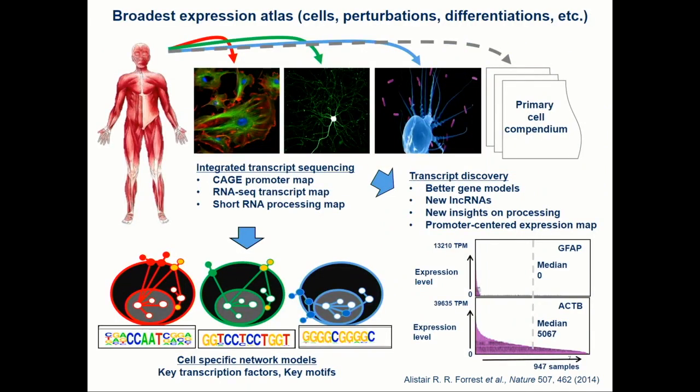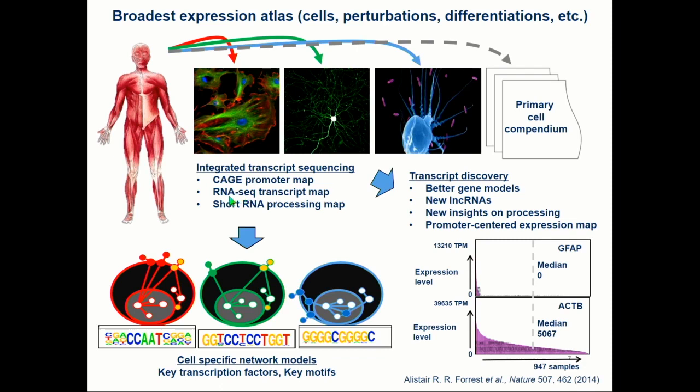So to summarize, FANTOM is a catalog of expression of many cells. We have CAGE, so essentially capturing promoters, and we can assess for each promoter the transcription factor binding sites that are specific for a given cell type. So we can assess which set of transcription factors is most likely to control many aspects of the biology of each single cell.